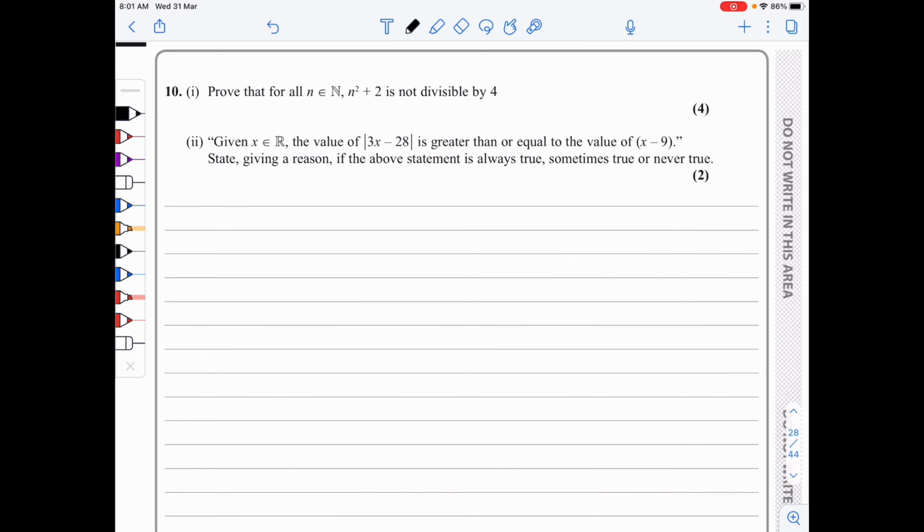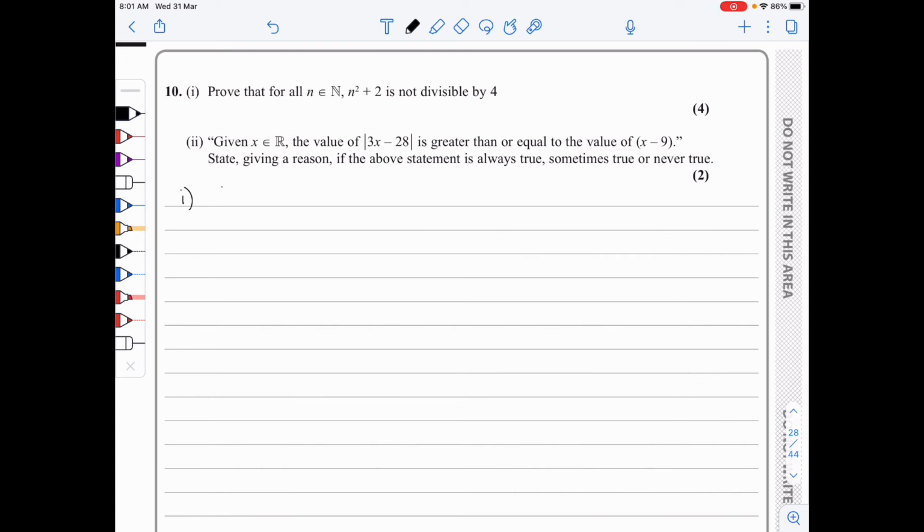In 10, we need to prove that for all n in the naturals, n squared plus 2 is not divisible by 4. So we will just split the set of natural numbers, the set of positive integers that is, into odd and even numbers.